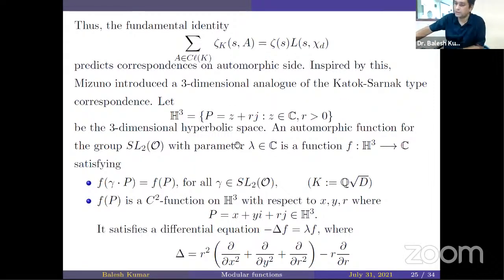So this is the three-dimensional hyperbolic space, and one defines an automorphic function for SL2(O), where O is the ring of integers. An automorphic function is a function from three-dimensional hyperbolic space to the complex numbers which is invariant under the action of SL2(O).